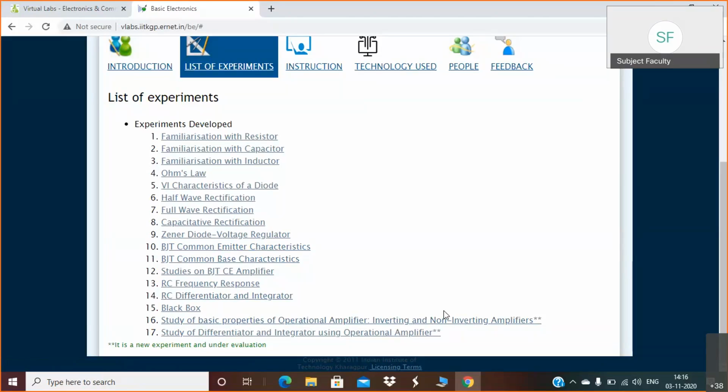So these two, serial number 10 and number 16, we'll try to perform in today's session. I will first visit this experiment, study of basic properties of operational amplifier, non-inverting and inverting amplifier. So I am clicking on that.